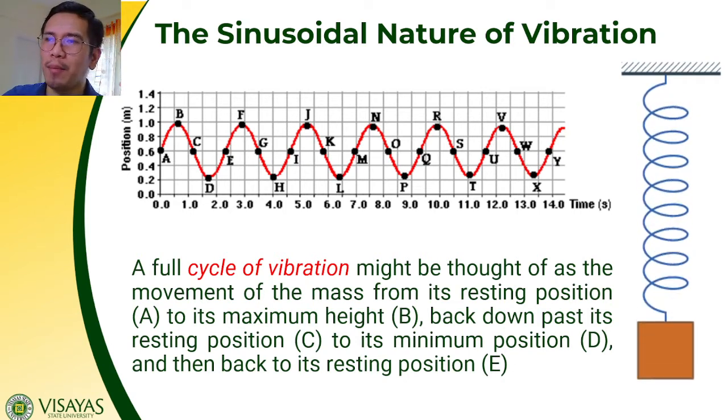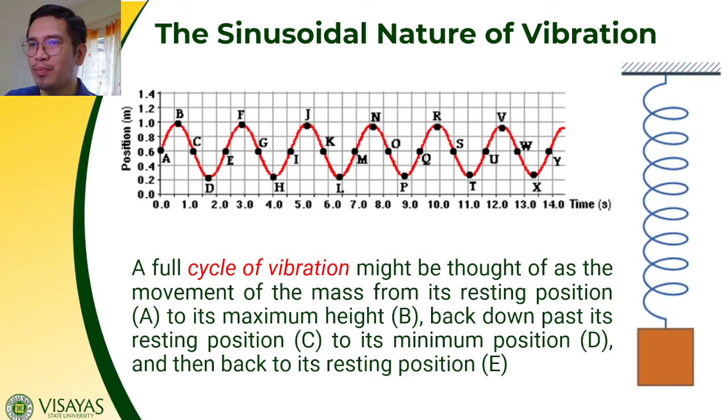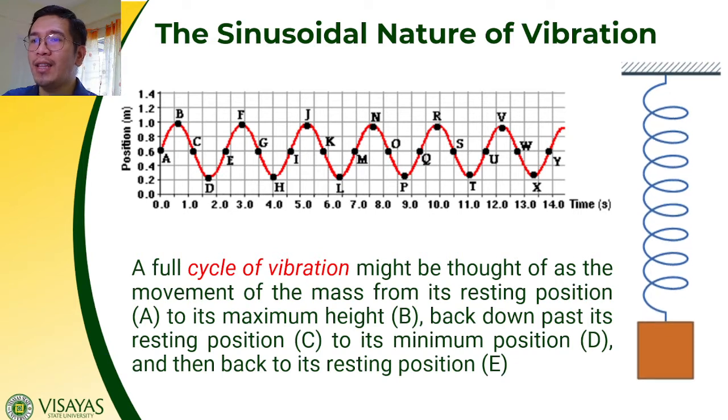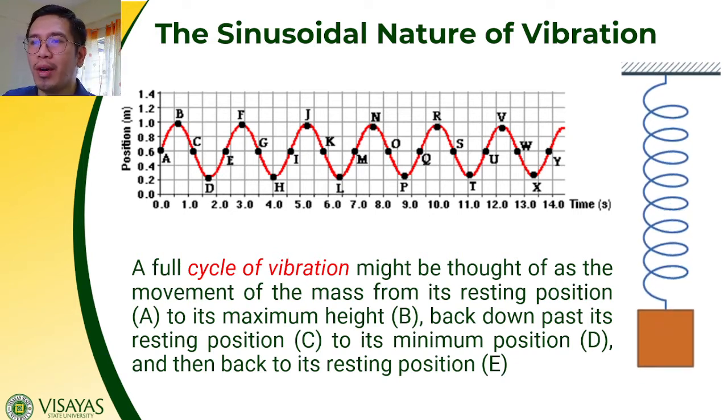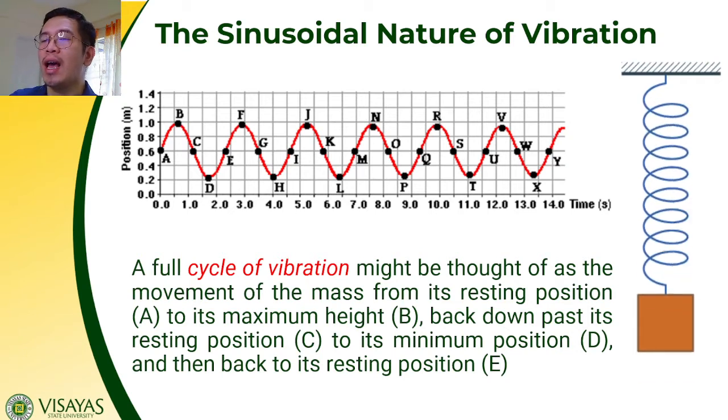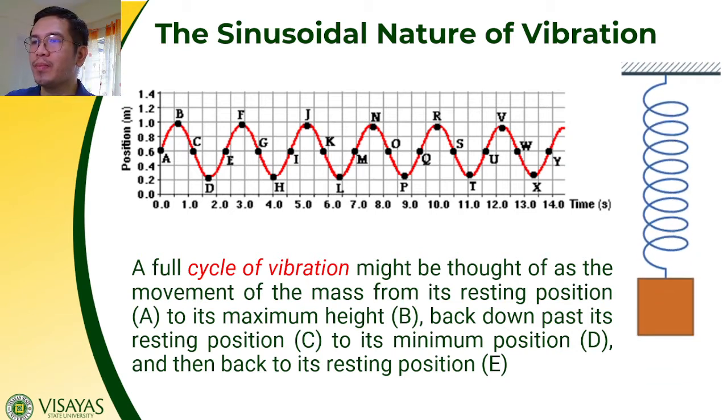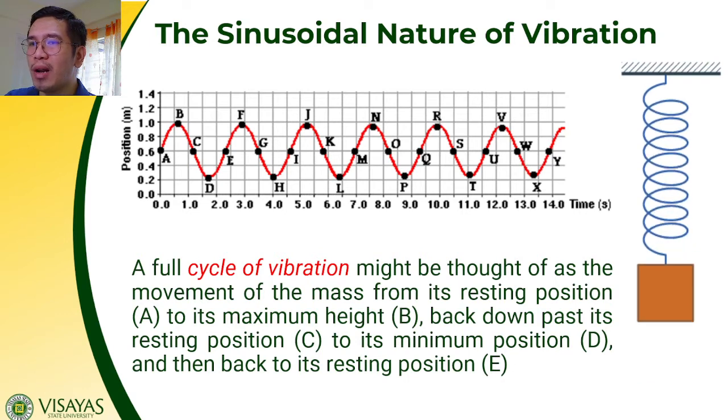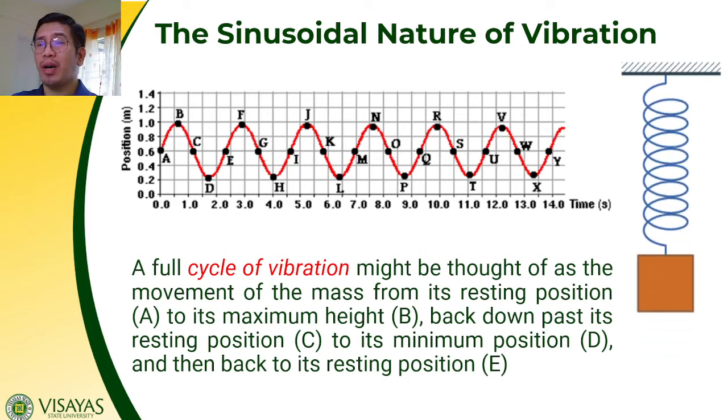A while ago, I mentioned the word equilibrium. That is the resting position also at C, and then to its minimum position at point D, and then back to its resting or equilibrium position at point E. Using measurements from along the time axis, it is possible to determine the time for one complete cycle.